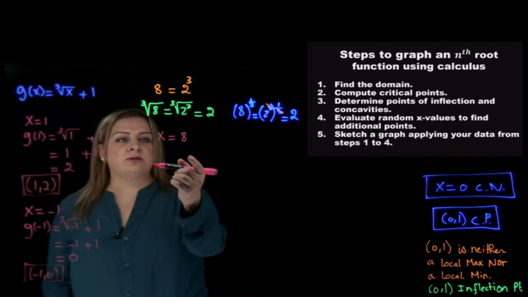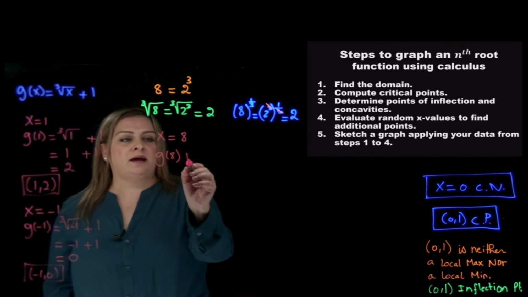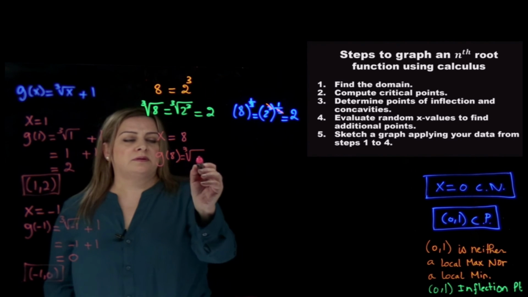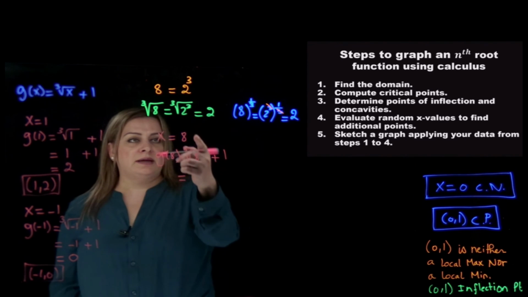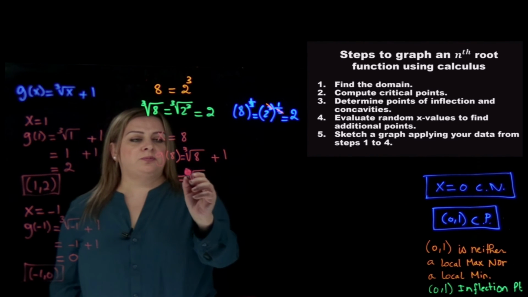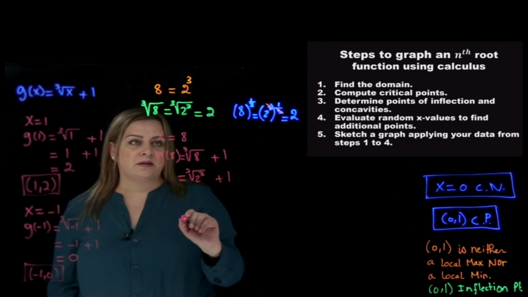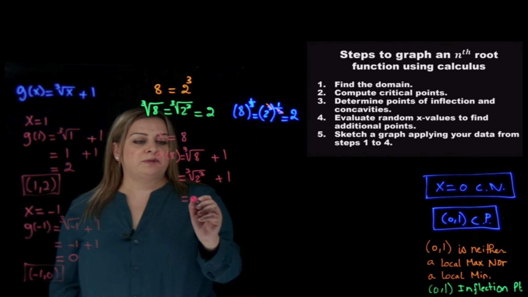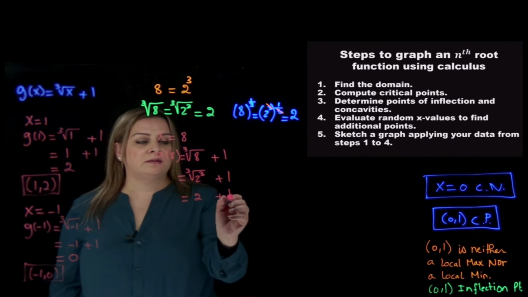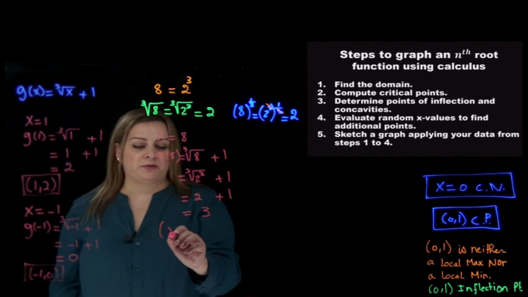So x is equal to 8, then evaluating g at 8, I will have the cube root of 8 plus 1, which is equal, like we said, to the cube root of 2 to the third plus 1. But then the cube root of 2 to the third will give me 2, plus 1, and this is 3. Now I have the point (8, 3).